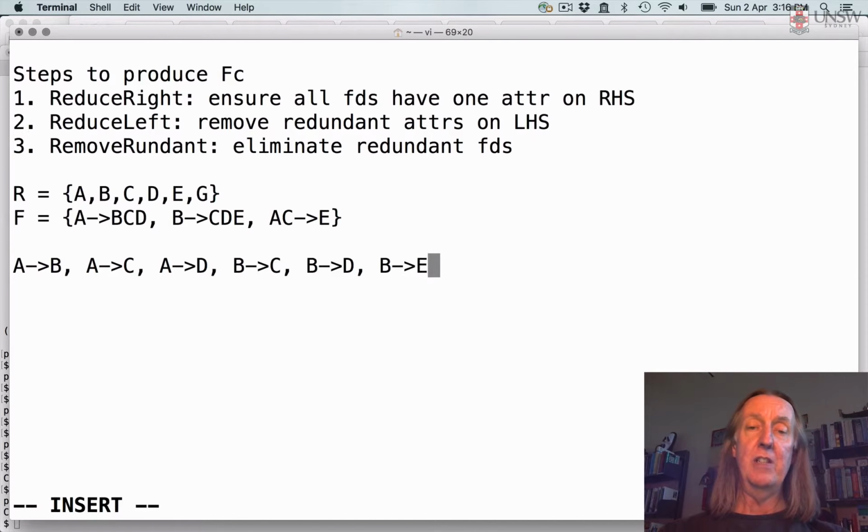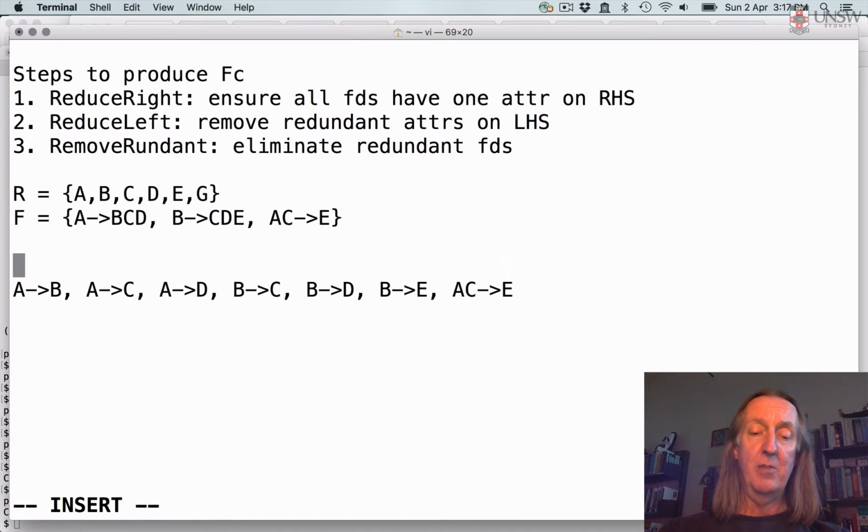B determines E. Now the final functional dependency has only a single attribute on the right hand side, so at this stage that can't be transformed any further. So this is our new set of functional dependencies after step 1.